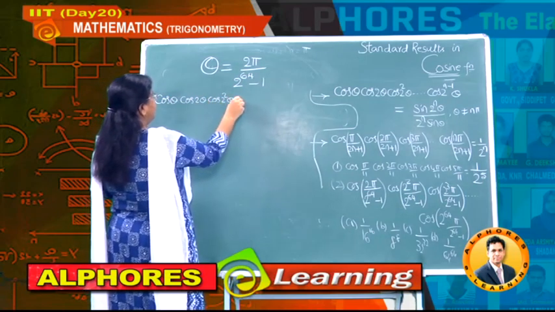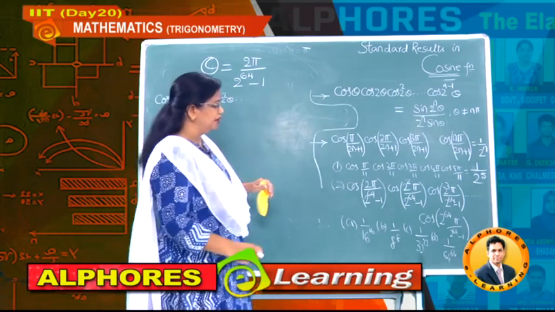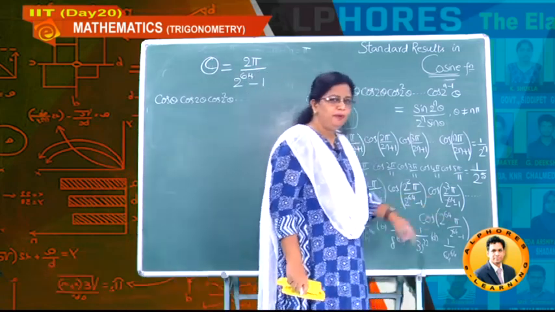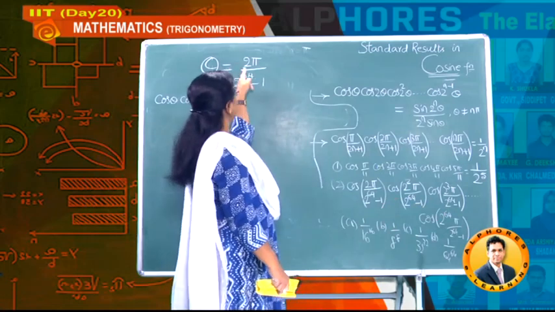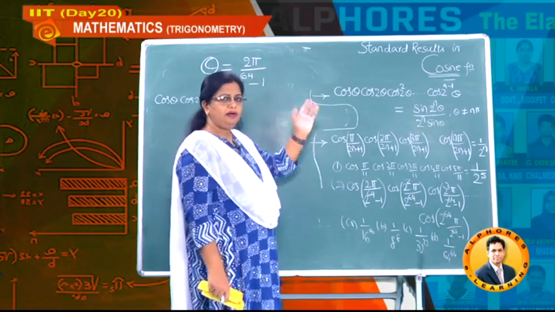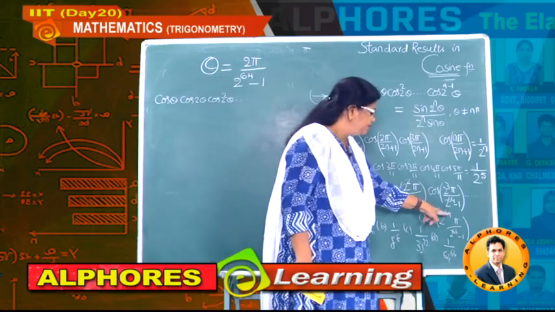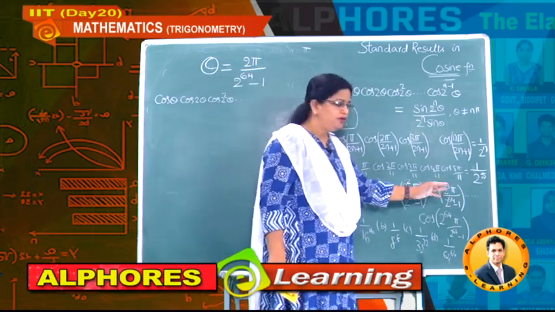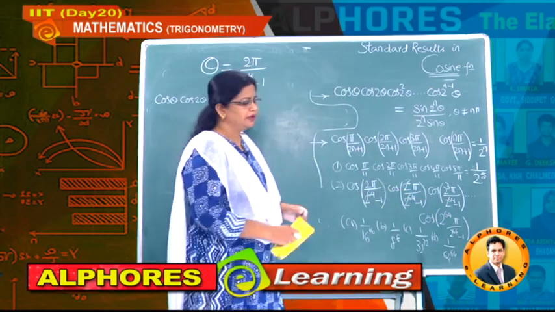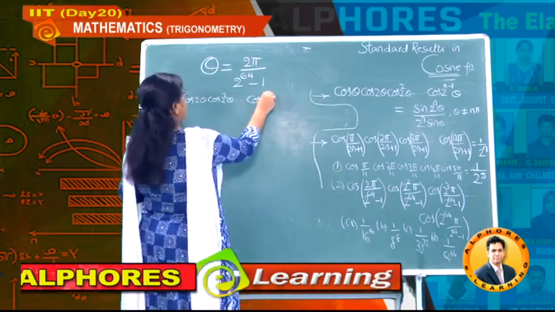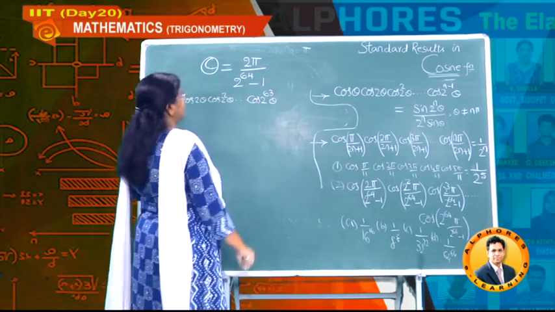Now the problem is cos theta, cos 2 theta, cos 2 square theta, ended with where? That is very, very important. What is your last term here? 2 power 64, right? But what we have taken is 2 pi along with 1 2 we have taken. Therefore you have to take 2 to the power of 63 into theta, that's why this is cos 2 to the power of 63 into theta.